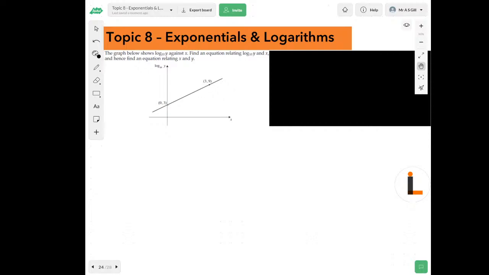So if we go to the next bit, I'll give you a second just to read through that question. Just to make it clear up here, this axis is log base 10 to the y.